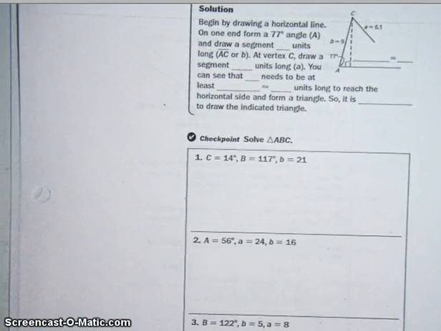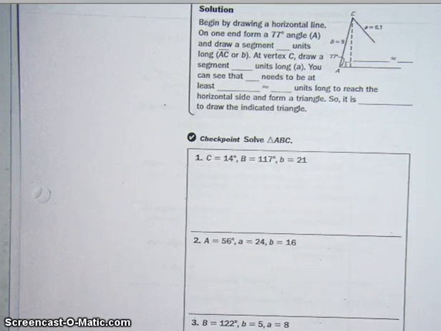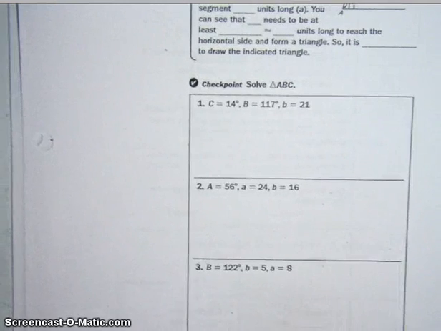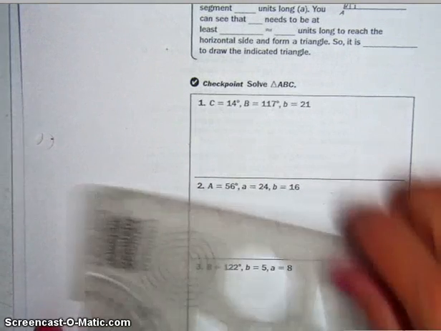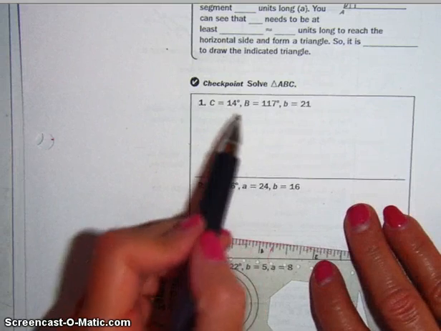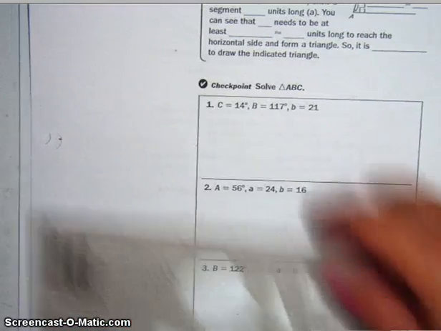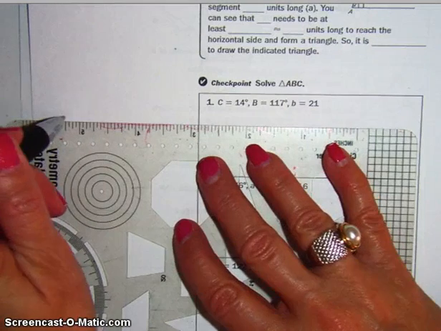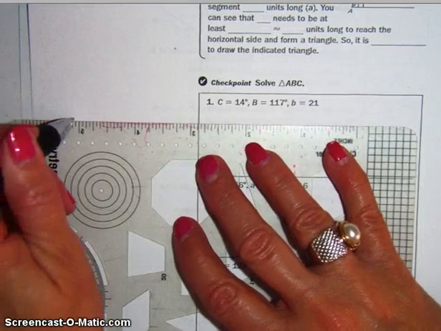Okay, we're going to tackle checkpoint 1, and what I'm going to do is draw the picture with you, and then I'm going to let you and your people figure out how to do it. They give us angles C and B. If they give you angles, those always have to be on the bottom. So put those on the bottom. And one of them is obtuse again.